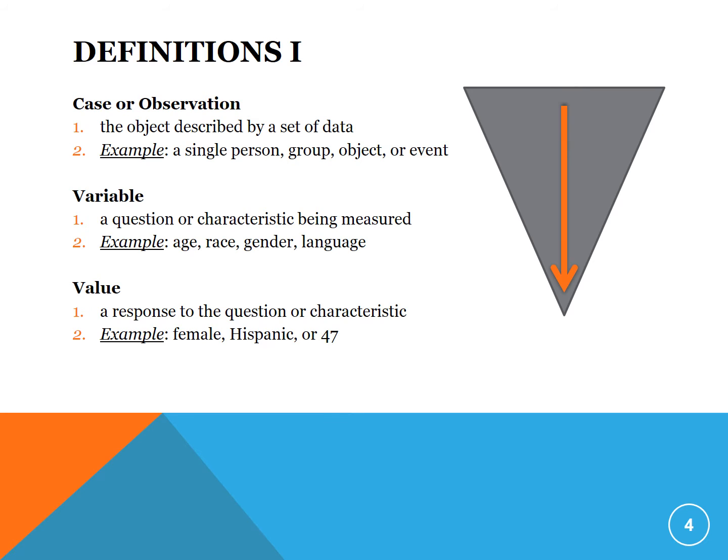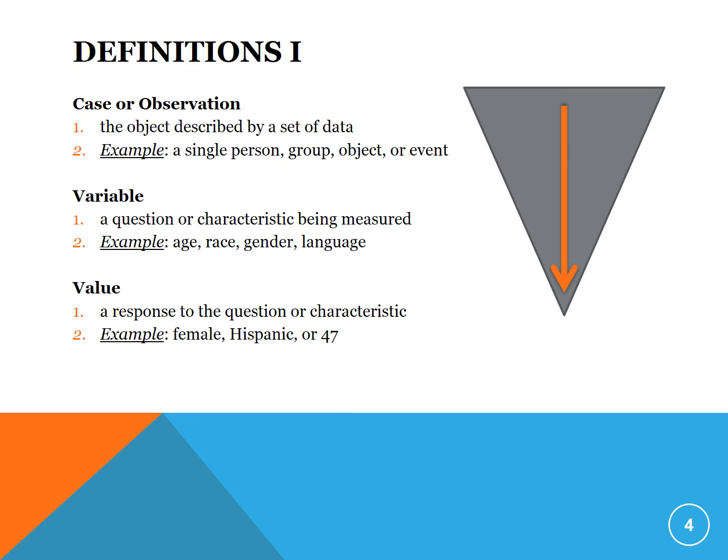And then when we take it further down to even finer details, from the question we get answers, and that's what value means. The value is essentially your response to the question, your answer to the question. It's the value of the variable.